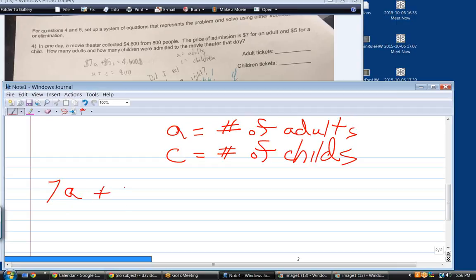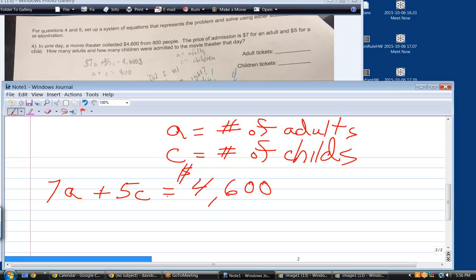Plus $5 of C equals $4,600. That's how much revenue you get. In other words, you take the number of adult tickets you sold, multiply it by 7, the number of children's tickets you sold, multiply it by 5, add those two together, that gives you your total revenue.